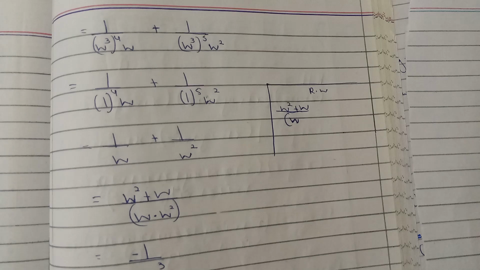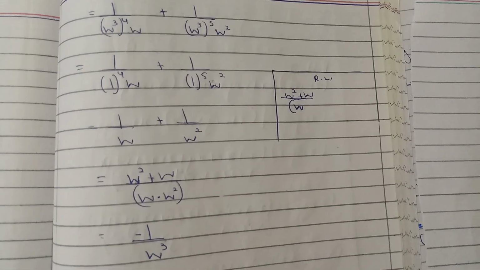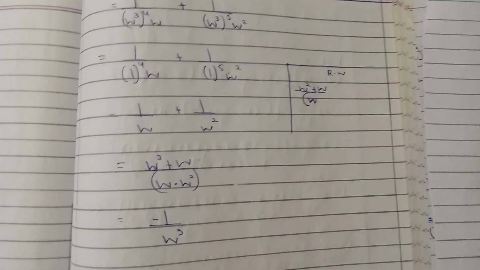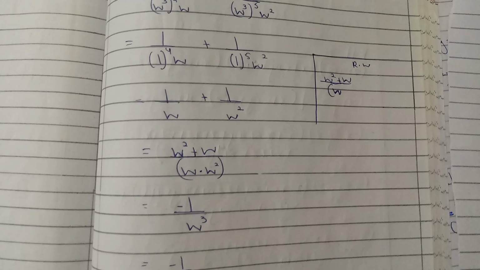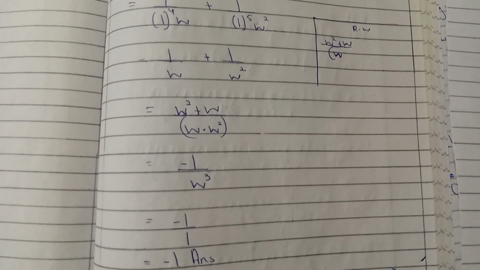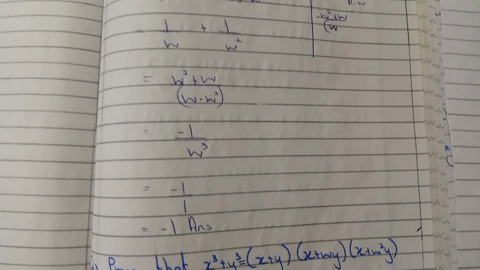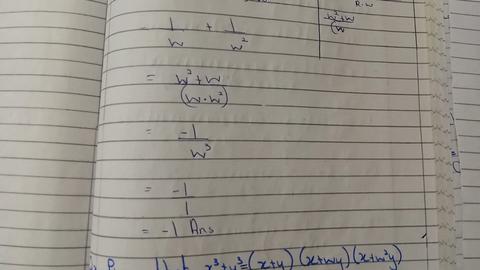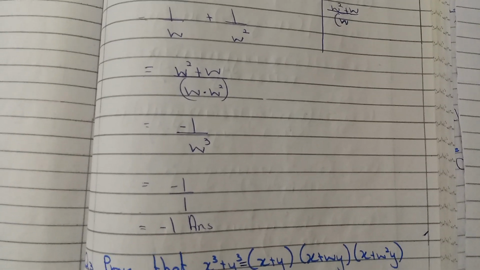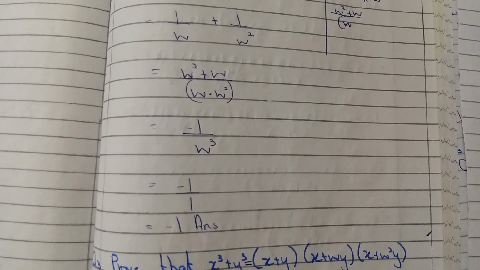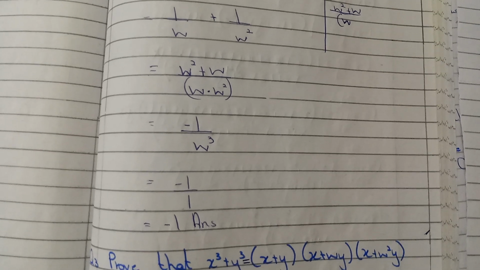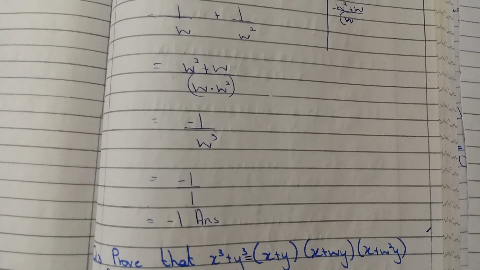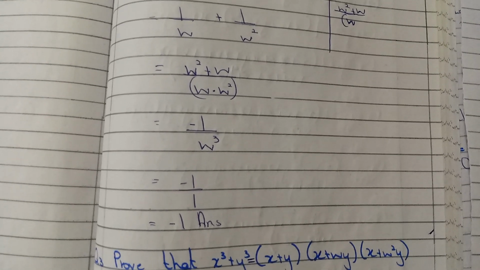So by putting the values of omega cube, we have got 1 over 1 and 1 over omega square. We have to take the LCM. It will be omega multiplied by omega square. Omega cancels and omega square is left. In the second fraction omega square cancels, omega is left. So we have got omega square plus omega. It will be equal to minus 1. Omega cube is 1. So our answer is minus 1.